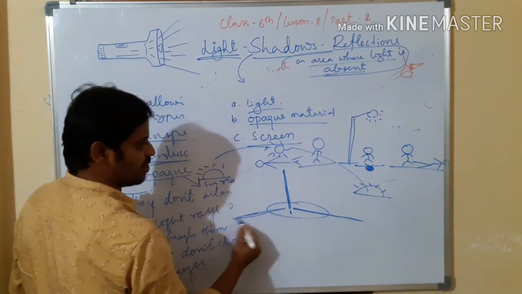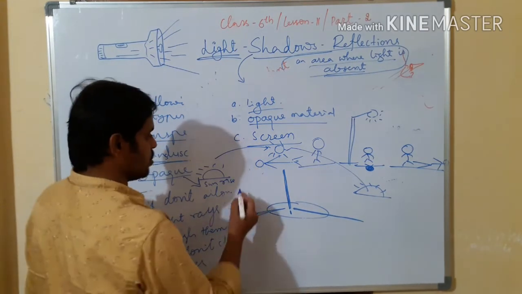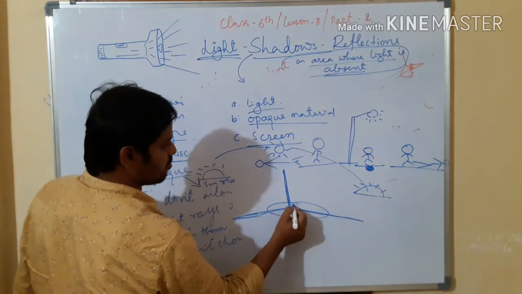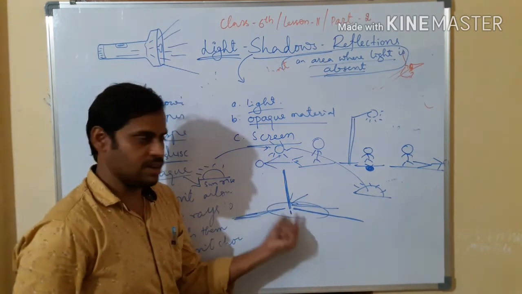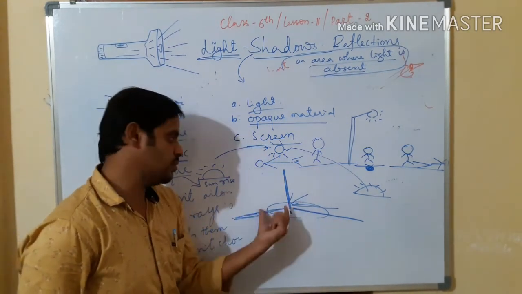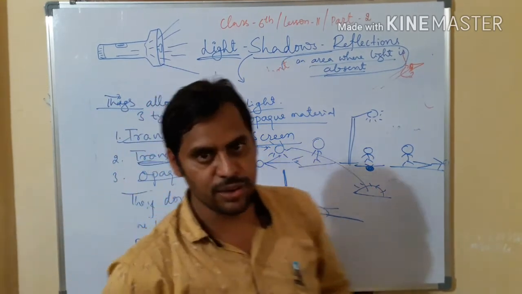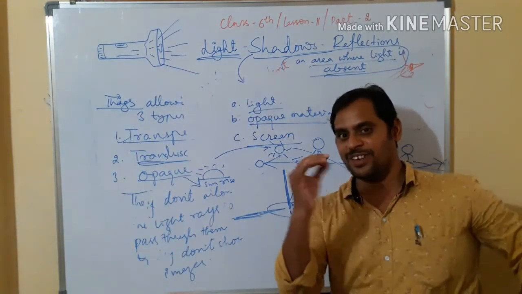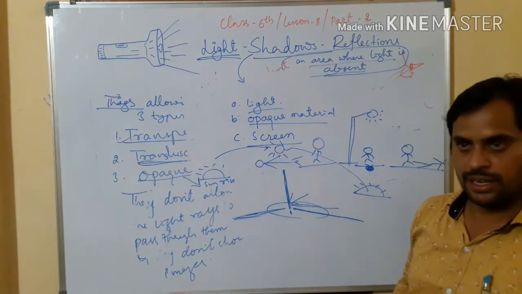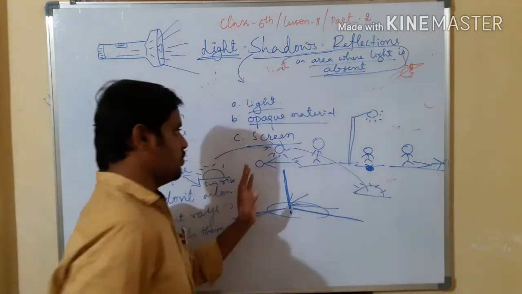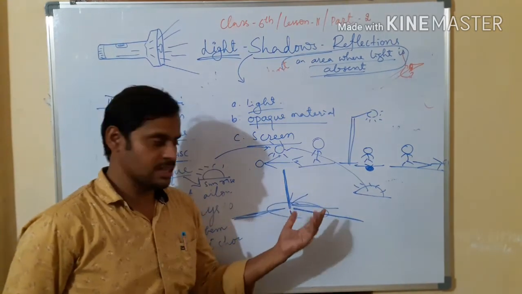Very good. Here the shadow appears. Right? So depending upon this, they could tell the time, whether it is morning or evening or afternoon. They could see it using this man-made, very simple clock. In olden or ancient days, they used this type of clock, right? So we use shadows in our life like this.